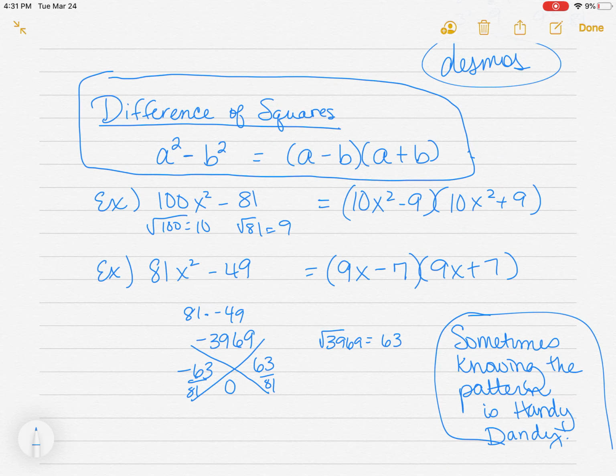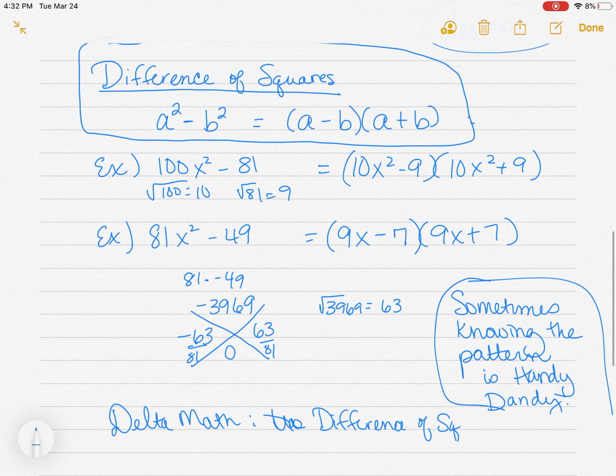I am going to attach a practice sheet for you to do on difference of squares. Actually, no, I'm not. There's going to be a Delta Math. It will not have a lot of problems, right, but it'll say difference of squares. Okay, and so you can do that.